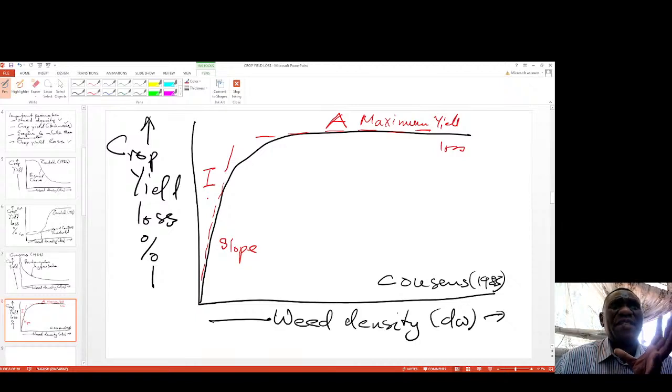So for a particular weed, it will have a value of A, maximum yield loss, and a value of I, which is the slope. So Cousins' model is the one which is usually used in weed management, although we can use both models. The Zimdar one can clearly identify the weed control threshold.